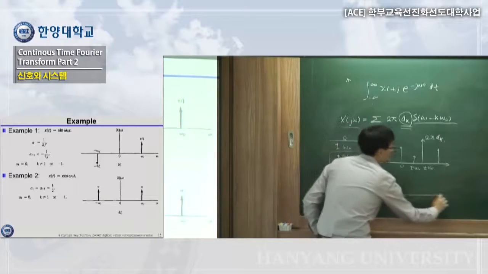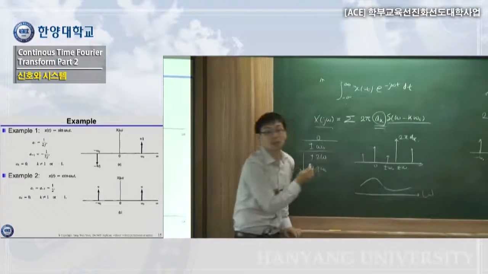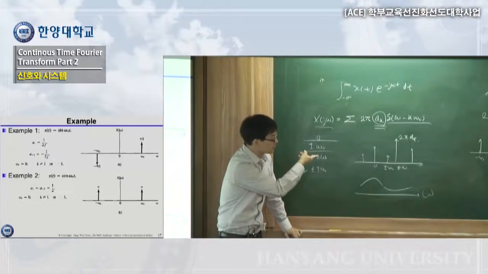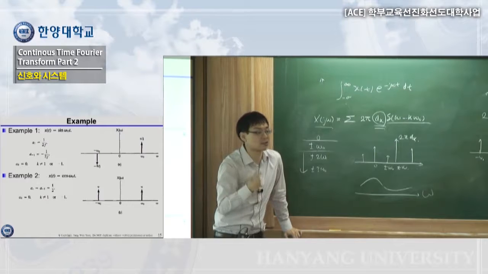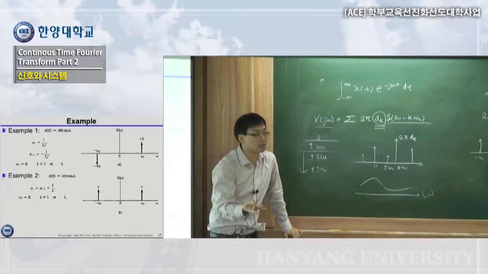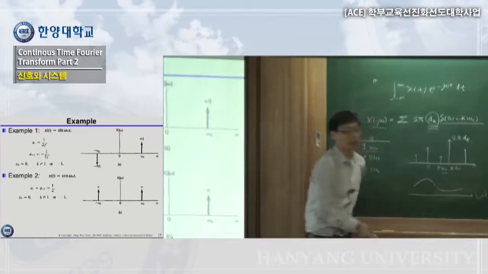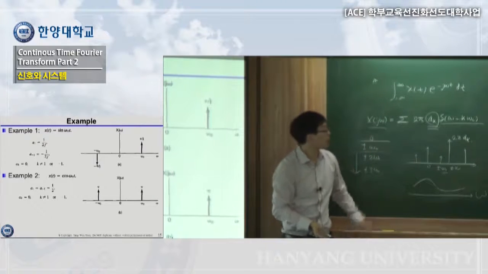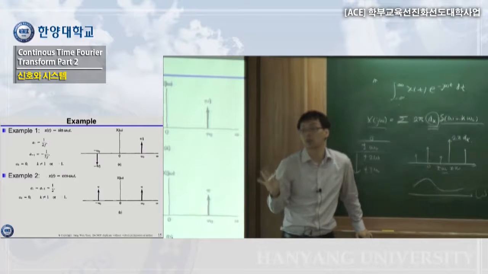They cannot have continuous values in the frequency domain. Of course, if omega 0 is infinitesimally small, then they may be continuous. But let's just say the typical case. In our periodic signal, omega 0 has some value, and some periodic signals cannot have a Fourier series, which we have not learned.